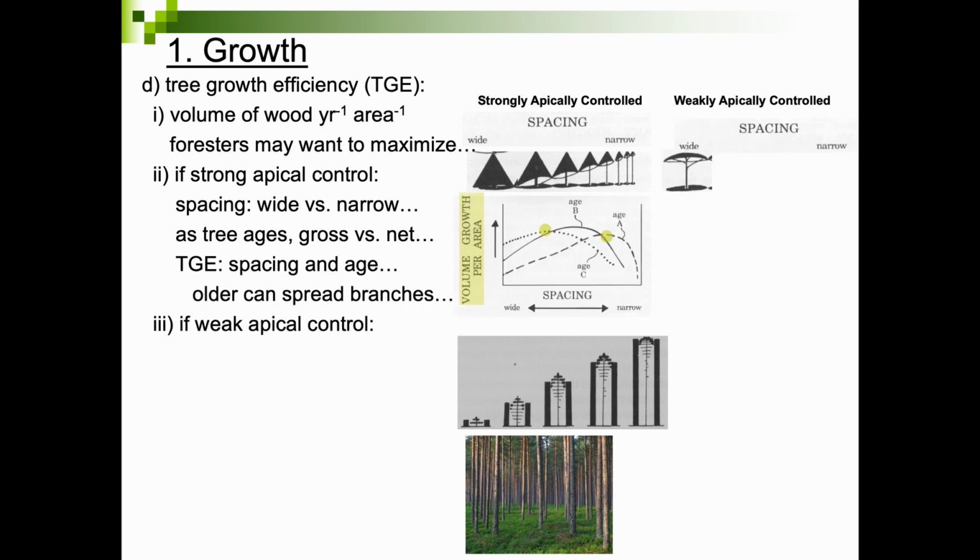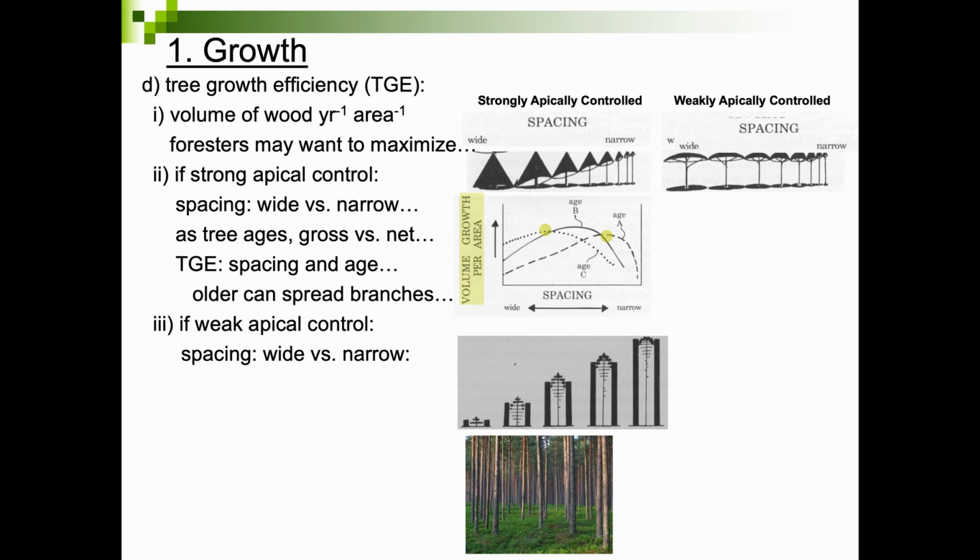Oppositely, when we look at weakly apical controlled trees, when they're spaced wide, they're not efficient in the least. They actually are more efficient when they are narrowly spaced. When they're wide, these weakly apically controlled trees are going to branch a lot more. Those branches are going to reach towards the upper parts of the canopy so they can interact with light more and become leading stems.